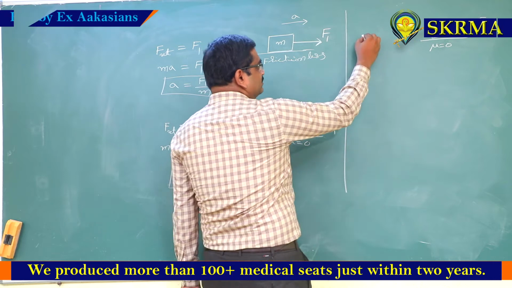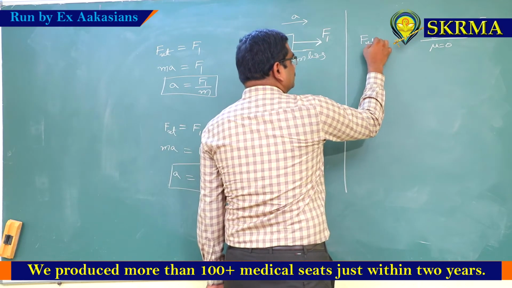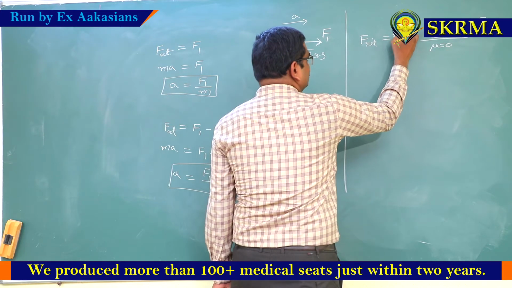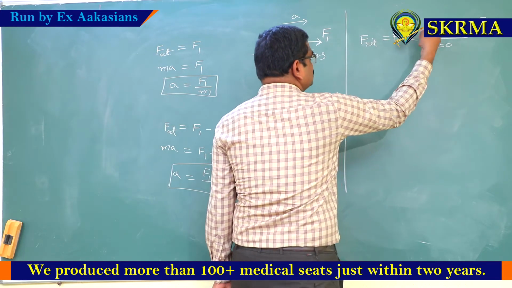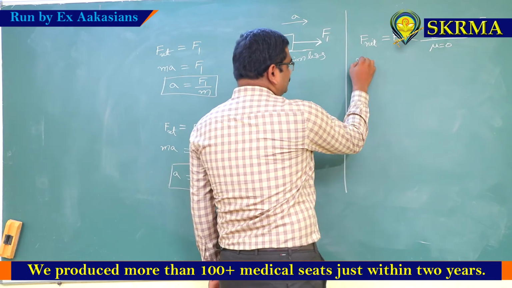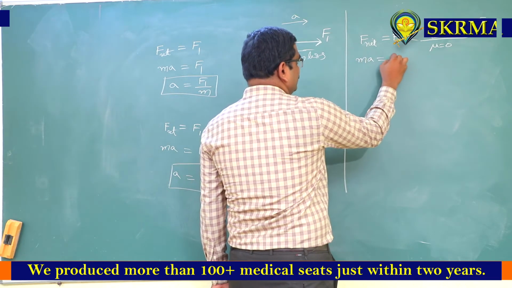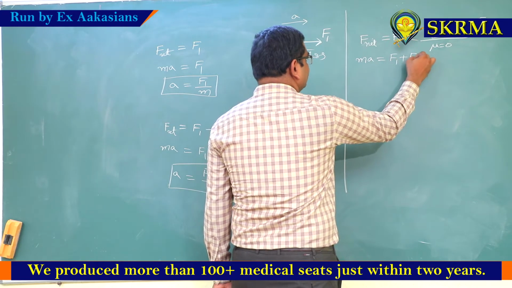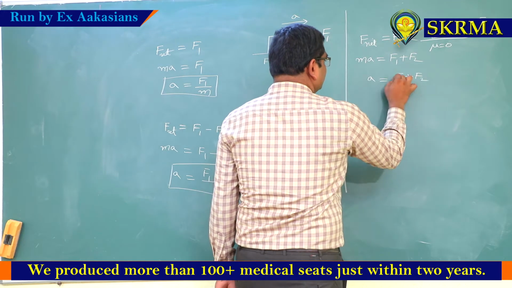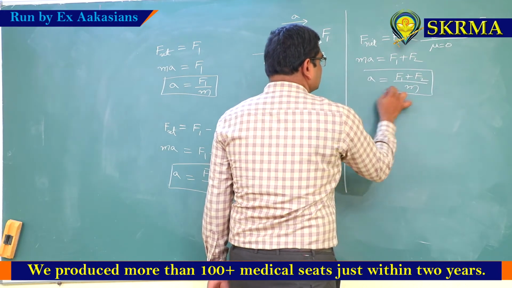Now what is the net force? F net equals F1 plus F2, because these two are acting in the same direction. From Newton's second law, F net equals ma, equal to F1 plus F2. So a equals F1 plus F2 by m. This is the acceleration of the block.